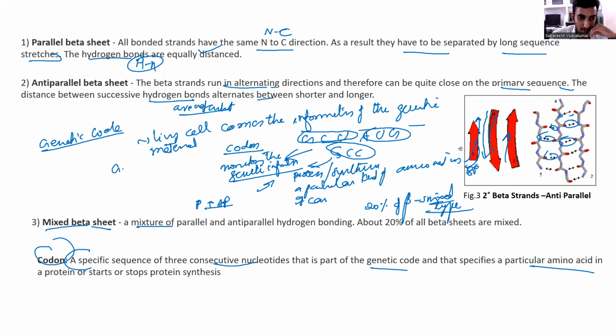All the genetic traits, whether it be hair color or anything, are actually a consequence of this codon arrangement. This pattern is unique for a particular living being or a particular cell, and it determines the overall behavior of the cells.